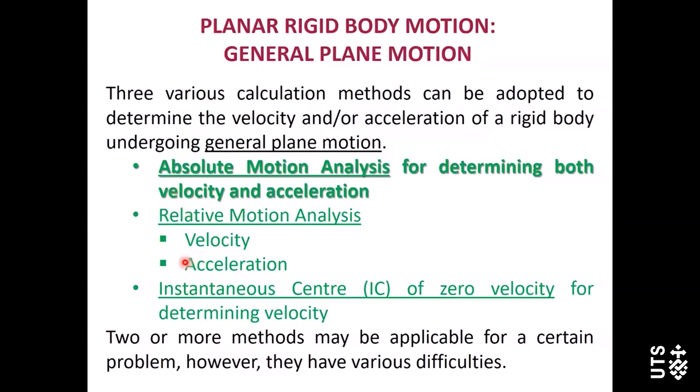Two or more methods may be applicable for a certain problem. However, they have various difficulties. We will see the easiest one for velocity analysis is the IC method, while relative motion analysis is most useful for acceleration analysis.